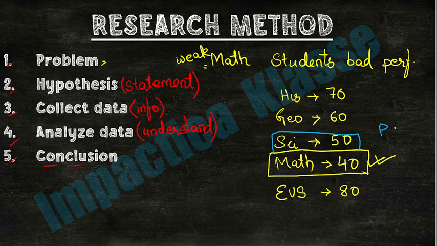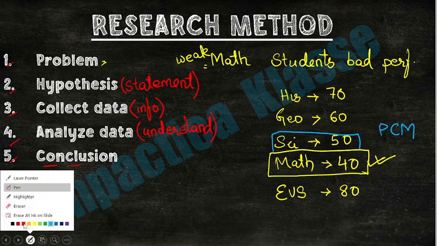So considering PCM, changing the faculty for PCM or providing the students better books for PCM subjects will help them to increase their marks. This you can give in your conclusion. What is a conclusion? The final understanding you have after collecting the data and analyzing the data, the final thing you have understood after doing the research, is called the conclusion.